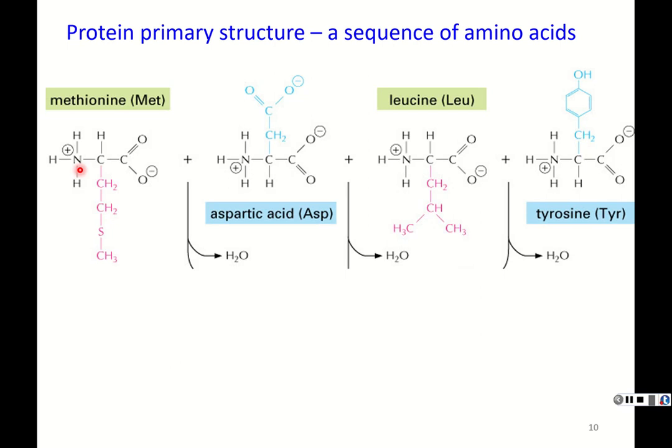Okay. There are many different levels of protein structure, but the most basic is the primary structure, and that's the sequence of amino acids. So amino acids come together and bond together in a chain via peptide bonds, where the carboxylic acid of one amino acid attaches to the amino group of an adjacent amino acid.